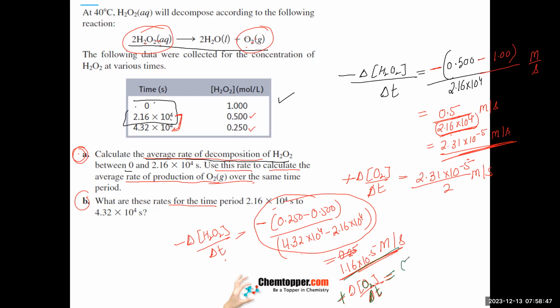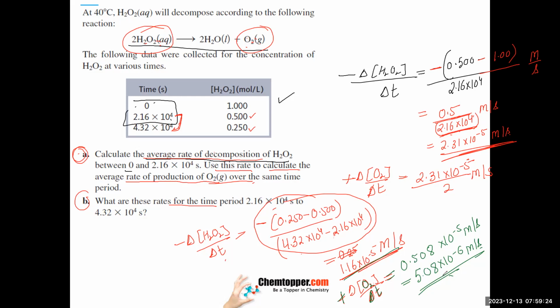That is 0.508 times 10 raised to minus 5 molar per second, right? Which you can simplify in scientific notation like this, molar per second, right? Yes, Naisha, very good.